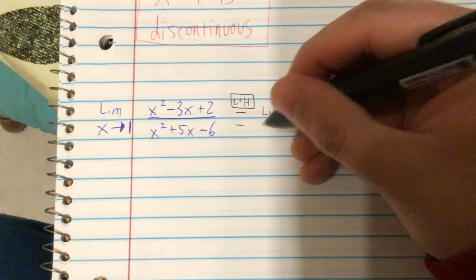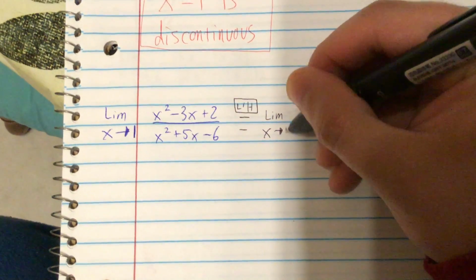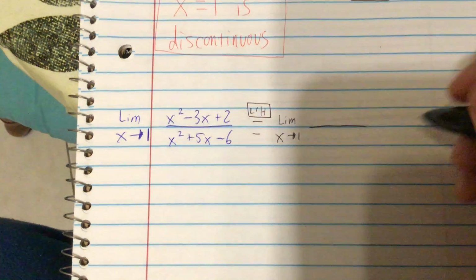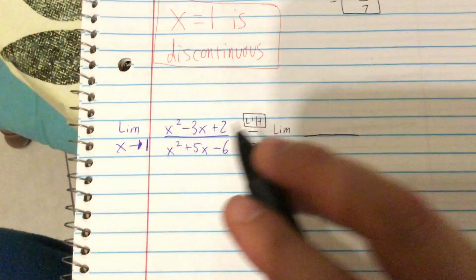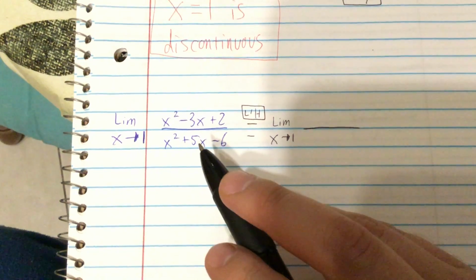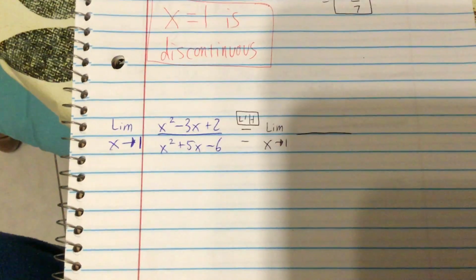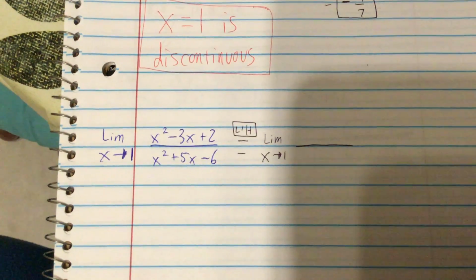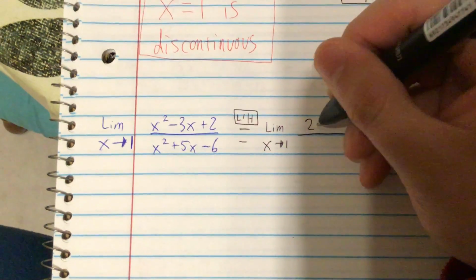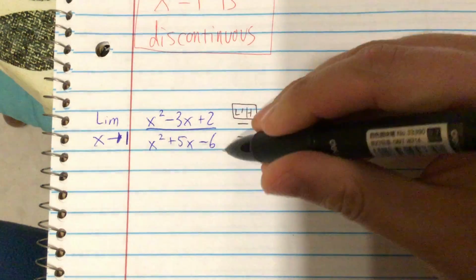The limit as x approaches 1 for x squared minus 3x plus 2 over x squared plus 5x minus 6 can be rewritten if I take the derivative of the top over the derivative of the bottom, but only for x equals 1. So let's take the derivative of the top. And let's take the derivative of the bottom.